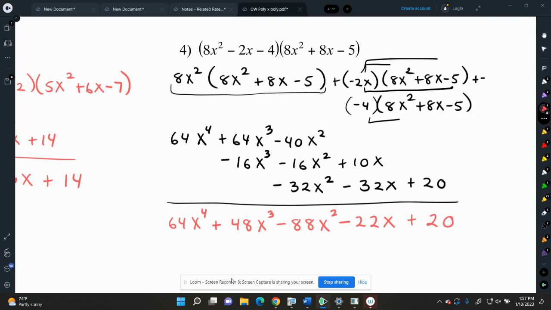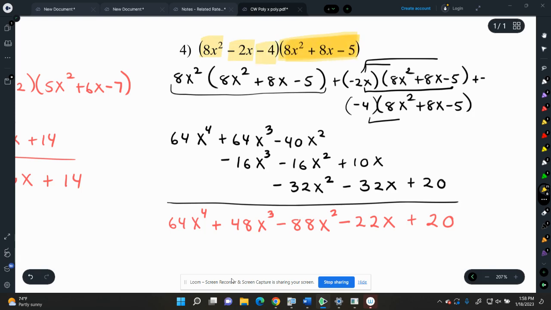So we have to distribute the 8x squared, negative 2x, and negative 4. Yes, everything in the first parenthesis times the second parenthesis. And then we do minus 2x times the second parenthesis, and then minus 4 times the second parenthesis.